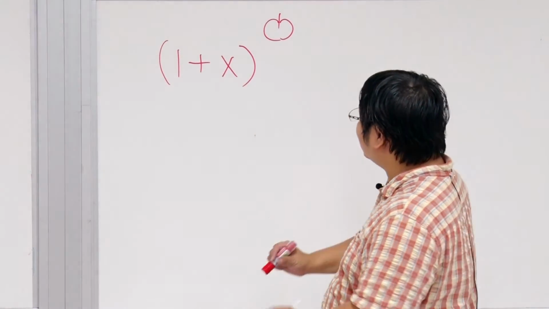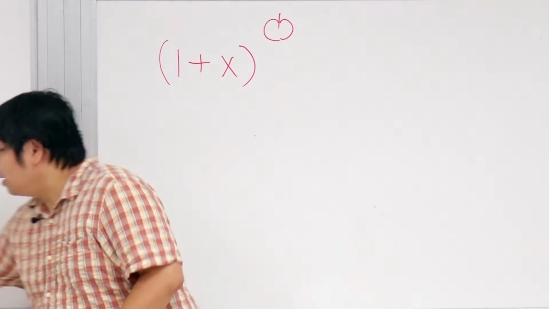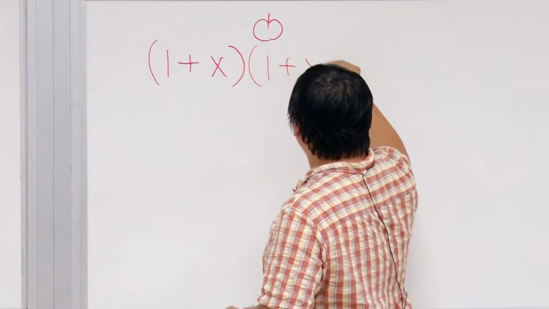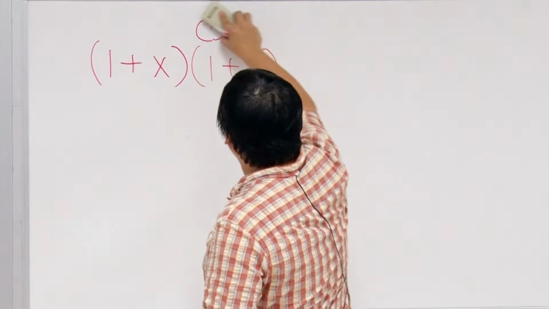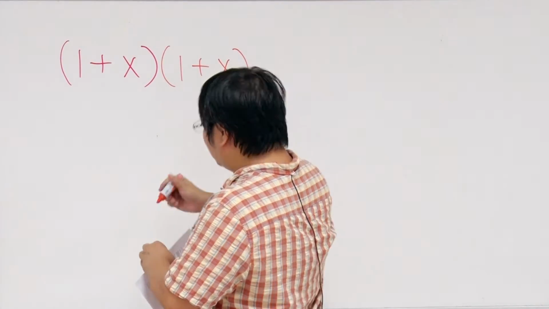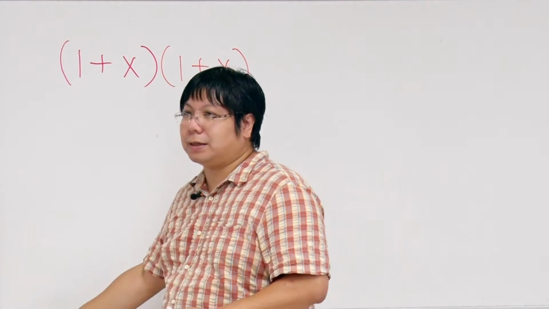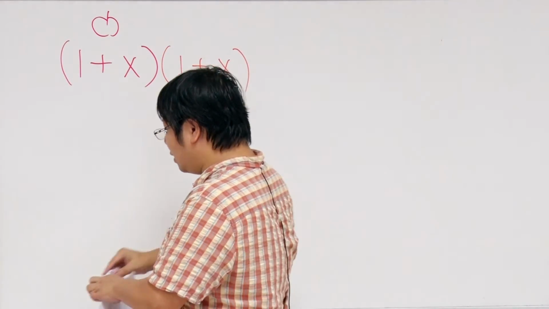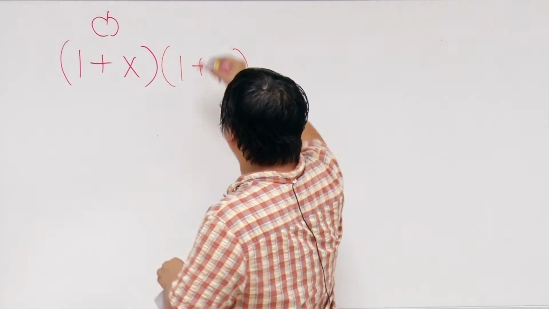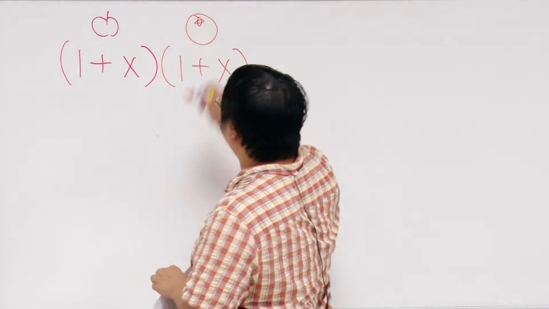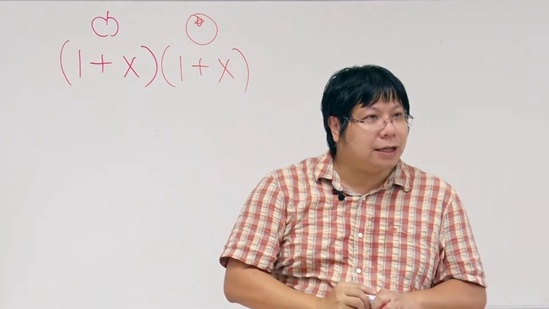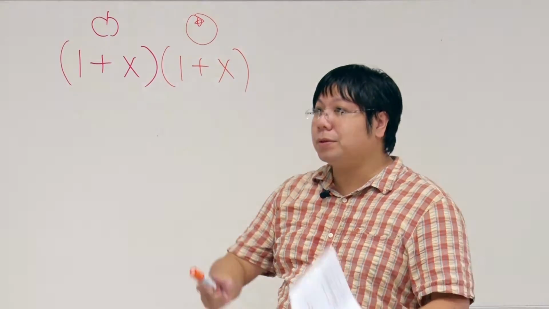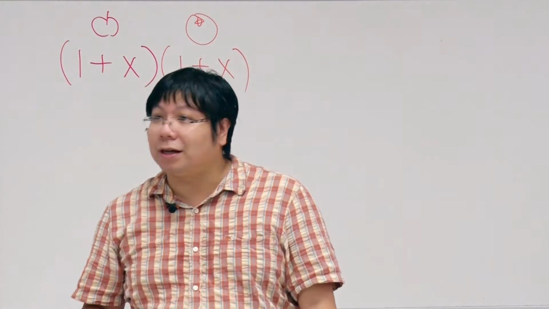Okay? And then let's try to multiply this with 1 plus x again. So if the first 1 plus x is about apple, and the other 1 plus x is about oranges, then the multiplication of them would describe what? The number of ways to select apples and oranges. Is that okay?